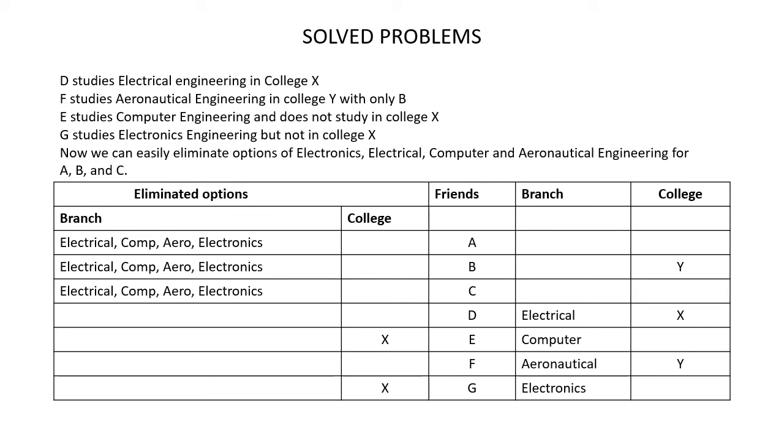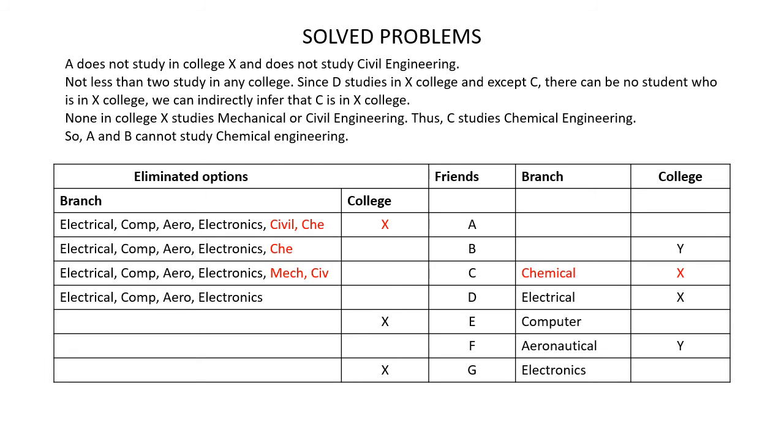So now we know that D studies electrical engineering, E studies computer engineering, F studies aeronautical engineering and G studies electronics engineering. So now we can clearly eliminate these options for A, B and C. It's given A does not study in college X and does not study civil engineering.